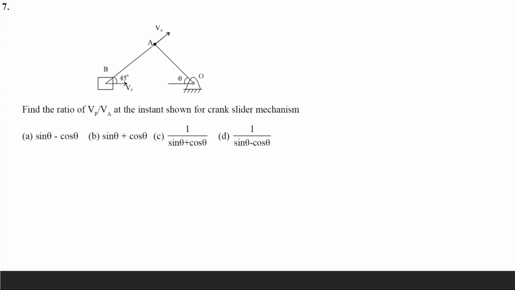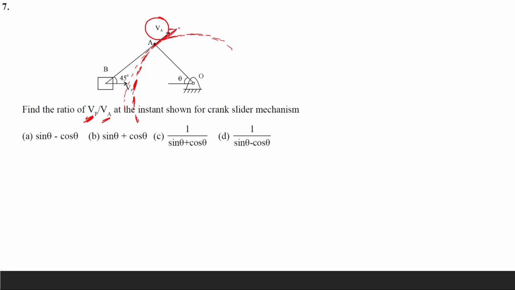Now find the ratio of Vp divided by Va. Vp is the velocity of piston, we have already discussed, and Va is the tangential velocity of the crank. Okay, so crank is rotating in this circle, like this.